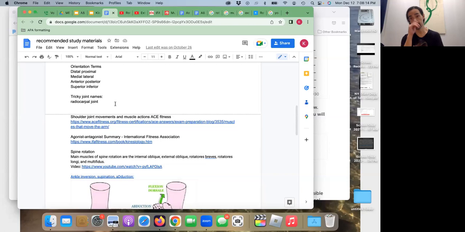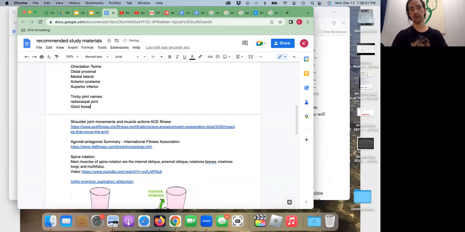Let's look at a few of the trickier joint names. When you combine two bones, sometimes it can sound a little strange at first, but it should be pretty intuitive. The shoulder joint is also called the glenohumeral joint. The cup of the shoulder is the glenoid fossa. Fossa means hole.